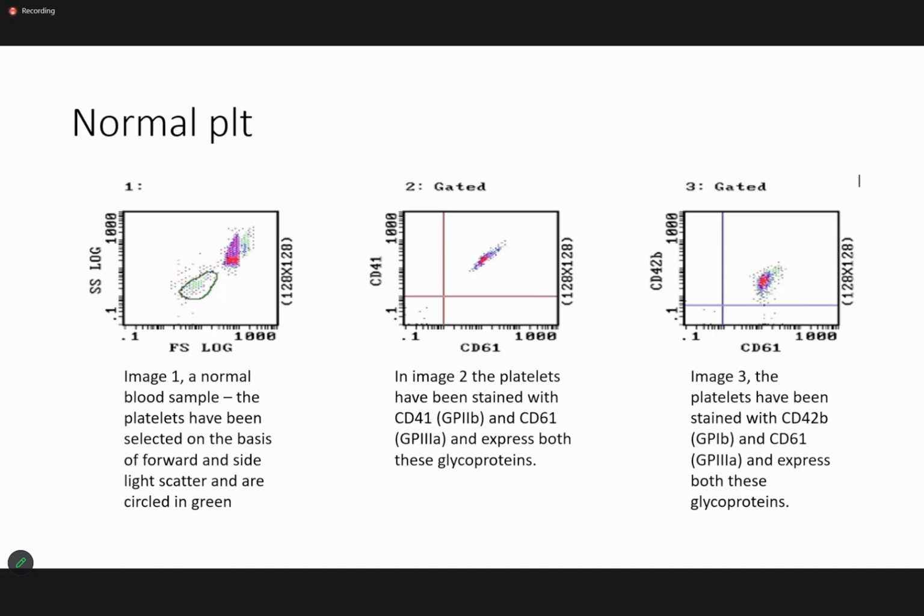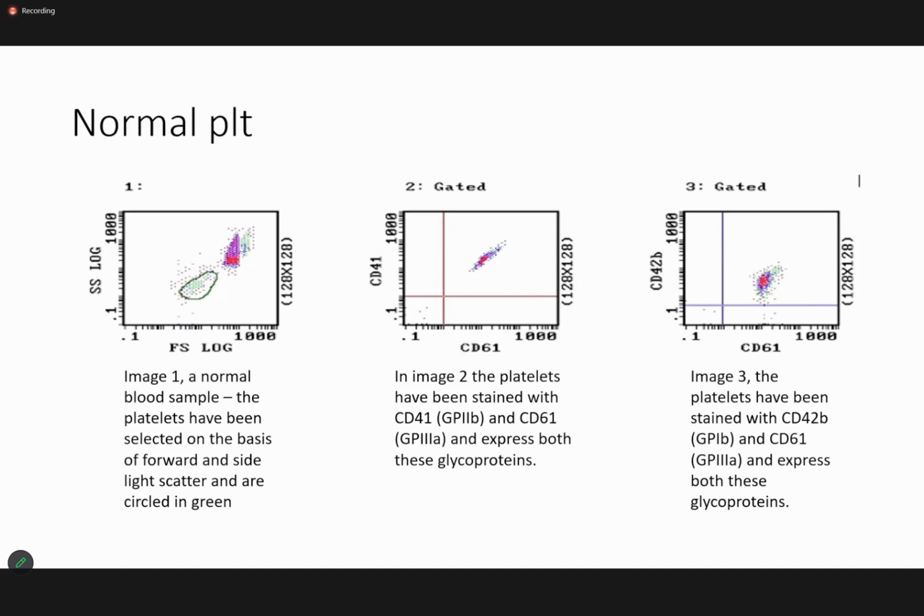The platelets which are already selected based on forward and side scatter are circled in green. These platelets show glycoprotein 2B positive for CD41 and glycoprotein 3A positive for CD61. At the same time, the platelet also has glycoprotein 1B, which is CD42B.